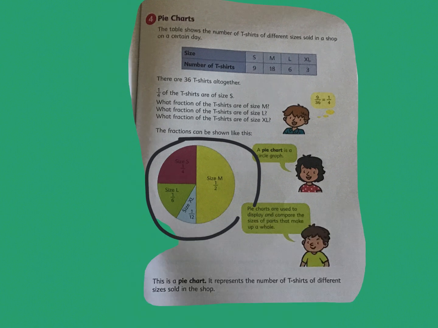So right here it says the table shows the number of t-shirts of different sizes sold at a shop. Small, 9 t-shirts were sold. Medium, there were 18 sold. Large, 6, and extra large, 3. So how many total? 36.